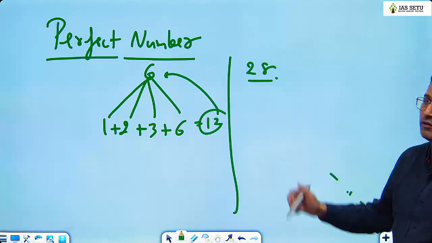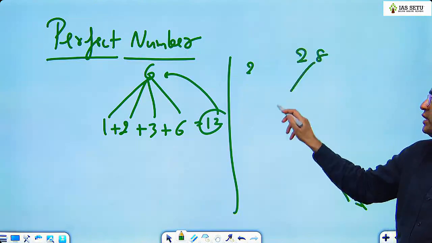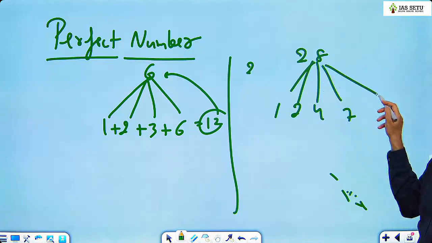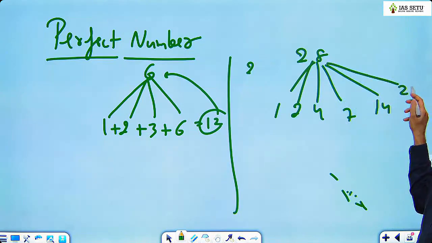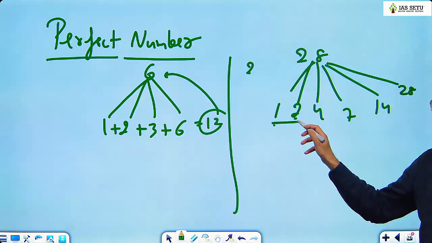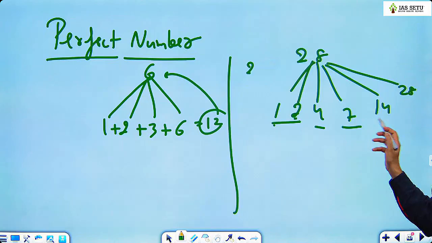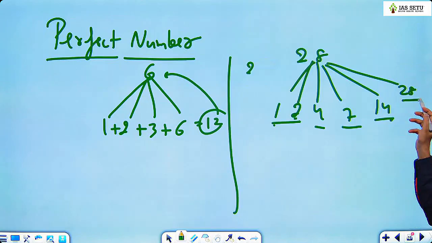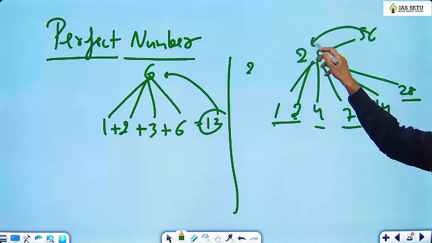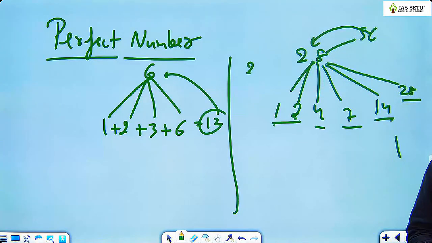Like 28, what are factors of 28? 1, 2, 4, 7, 14, 28. When you take sum of the factors, 1 plus 2 is 3, 3 plus 4 is 7, 7 plus 7 is 14, 14 plus 14 is 28, 28 plus 28 is 56. Is this 56 double than the given number? Yes, that's why 28 is considered as a perfect number.